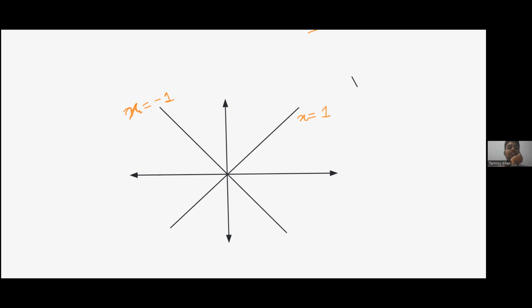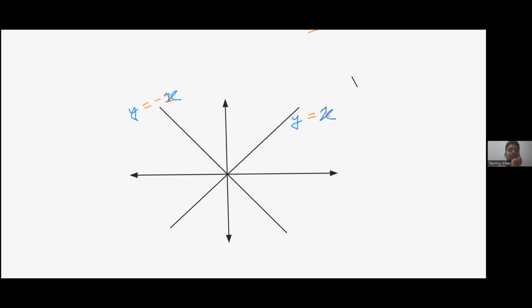Sorry, not x. The function is always written with y. y is equal to minus x, y is equal to plus x. This is y is equal to plus x, this is y is equal to minus x, right?